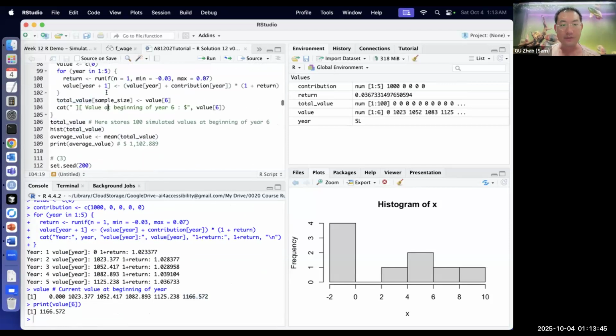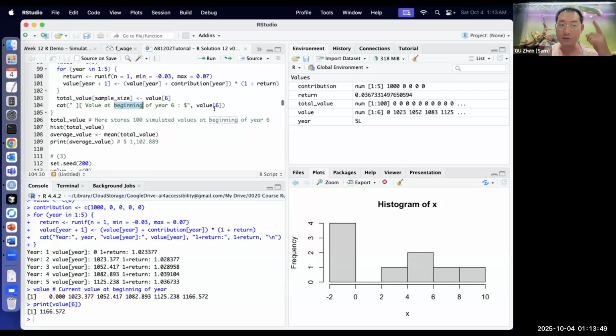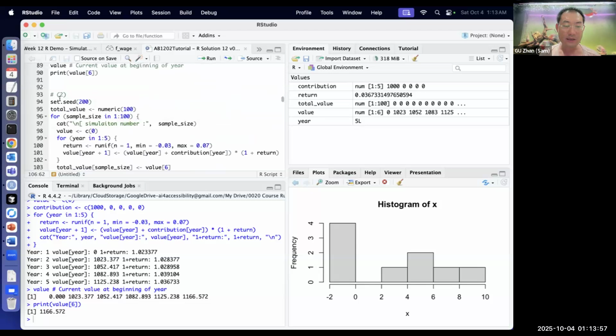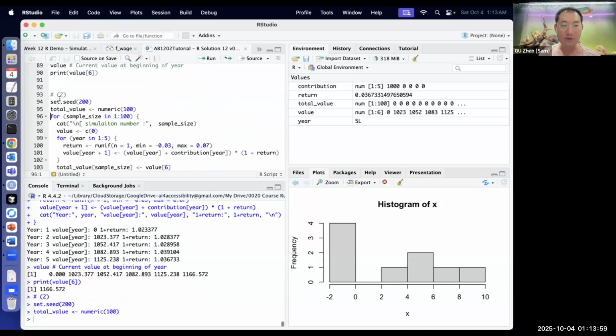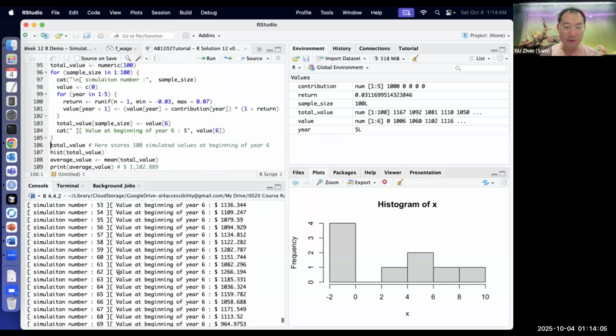Then you display the value at the beginning of year 6 for the first sample. After that, total value stores 100 simulated values at the beginning of year 6, then histogram. Okay, so that's it. Now let's run this total value. So what you are seeing here, you have seen 100 simulations.